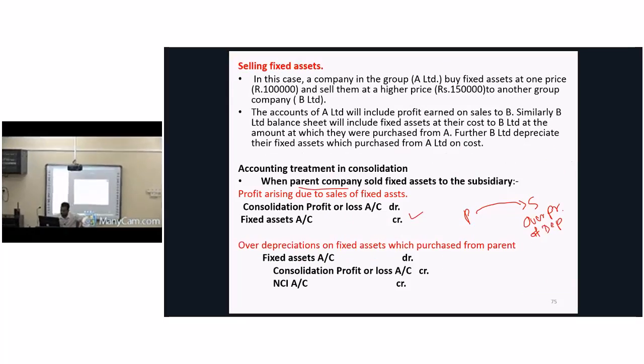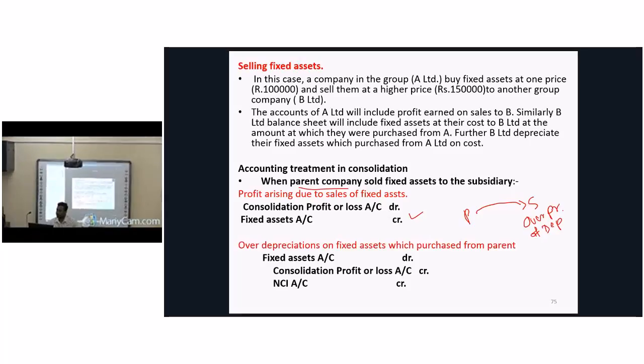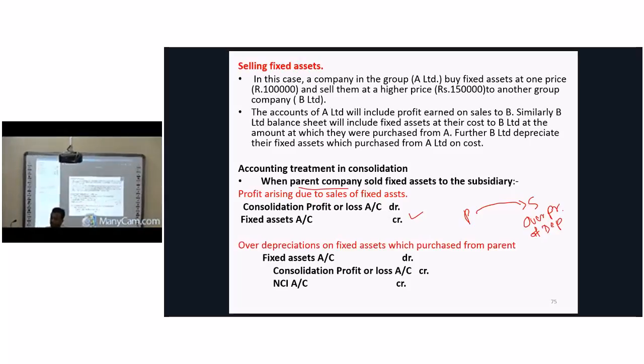Let's say a very simple example. There are two entities called P and S, parent and subsidiary. Let's assume there is a fixed asset here, let's say 100, and this fixed asset is sold to the subsidiary for 150.